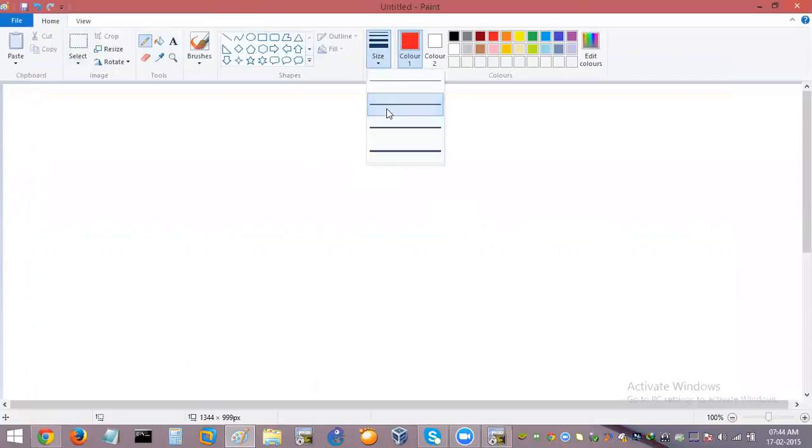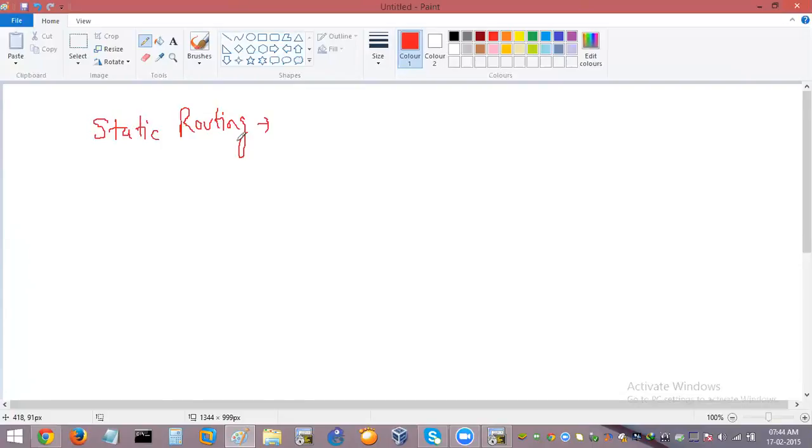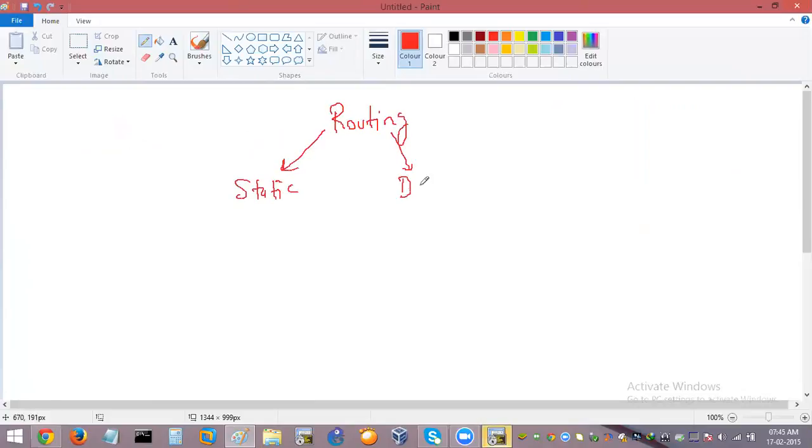So let's now do static routing. The routing that you can do comes in a few types. You can do either static or dynamic.